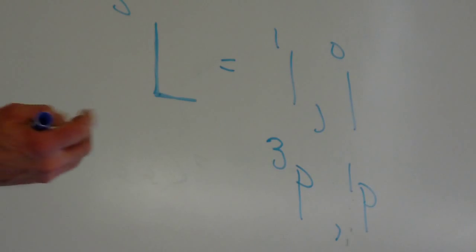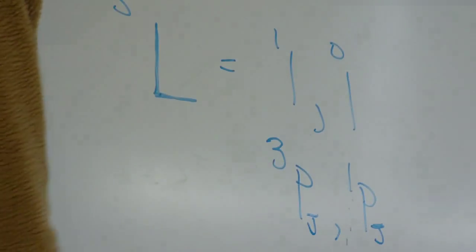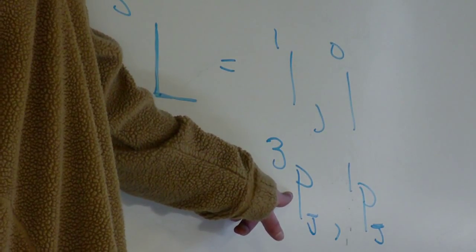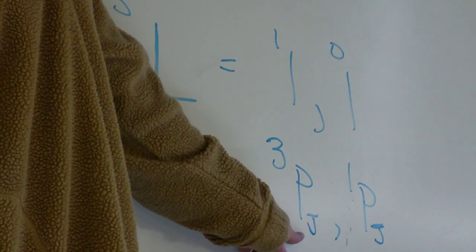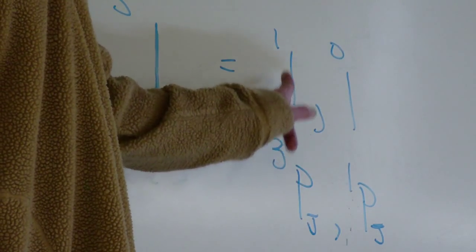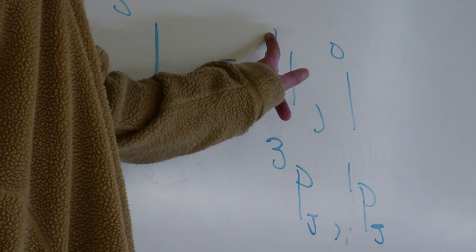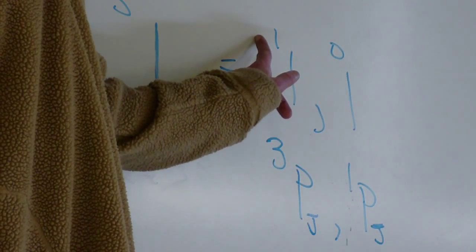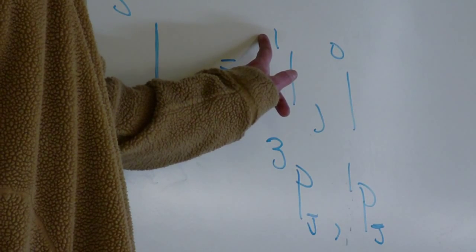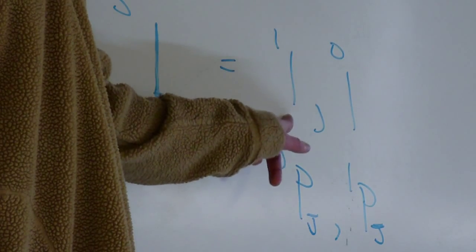And it goes further. What you usually do is you put J down here. Check this out. If you have a triplet P, what are the possible values of J you can have? If L is 1 and S is 1, then J could be 1 plus 1, 2, all the way down to 1 minus 1, 0.